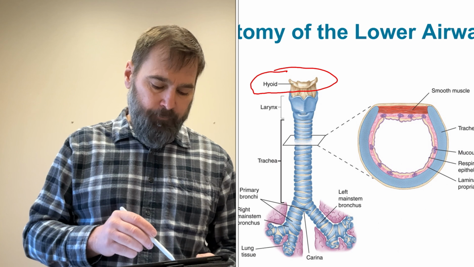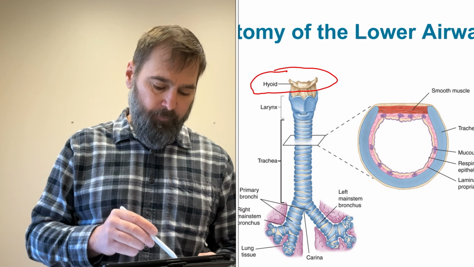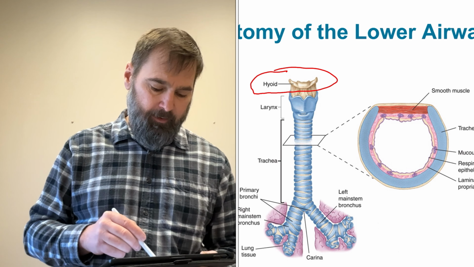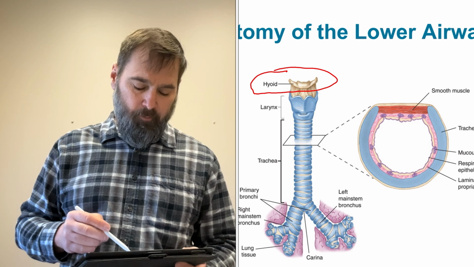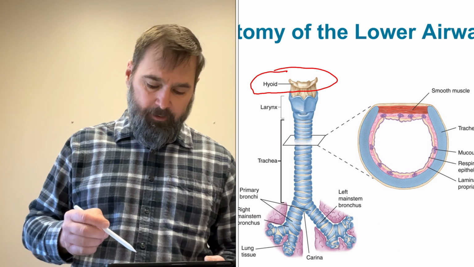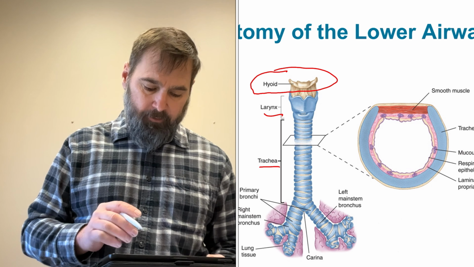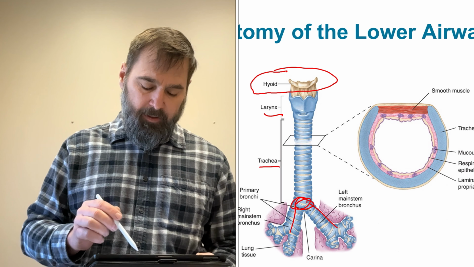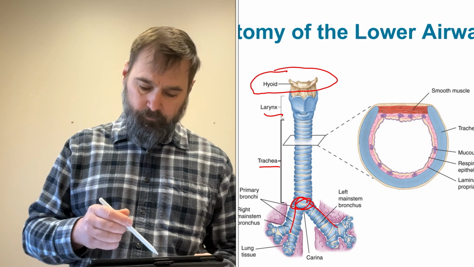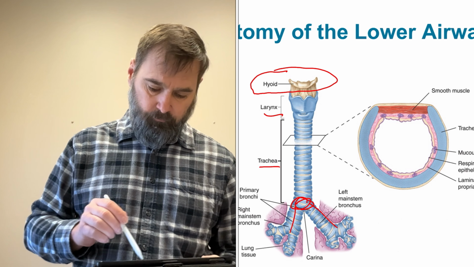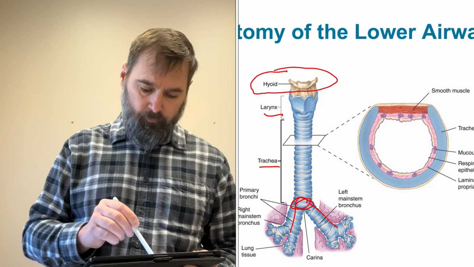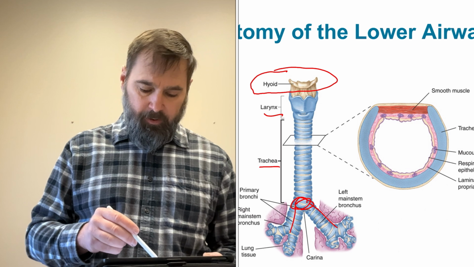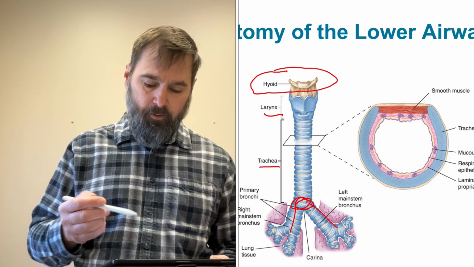So we have our hyoid bone. You see our larynx, our trachea, then here's our carina, which branches into our right and left main stem bronchus, going down to alveoli. So if you look at this cross section of our trachea, notice we have our tracheal rings around it, tracheal cartilage.